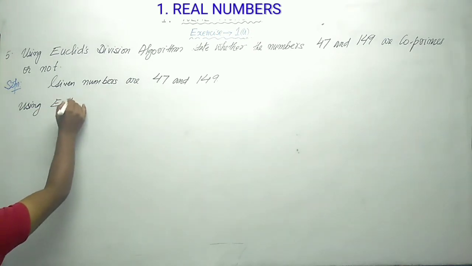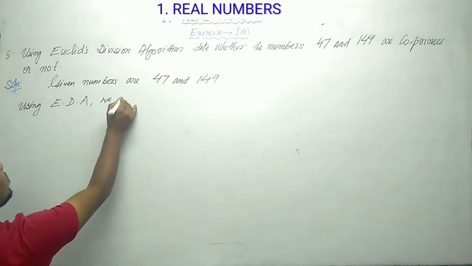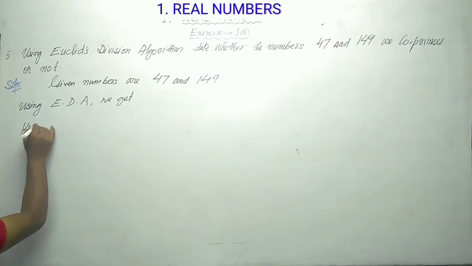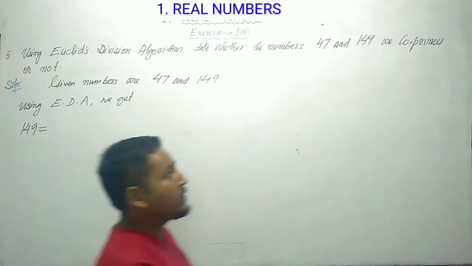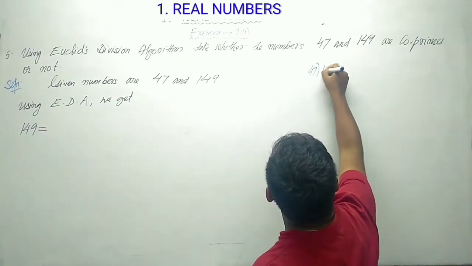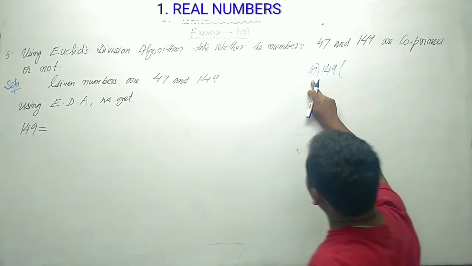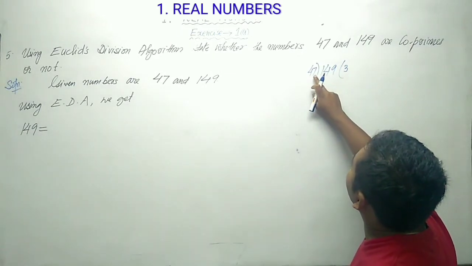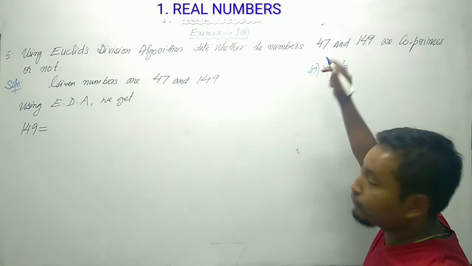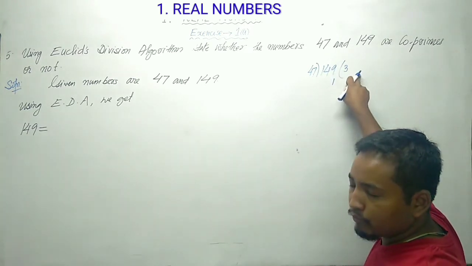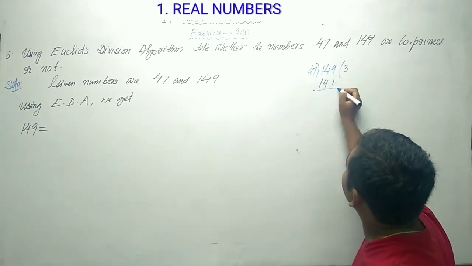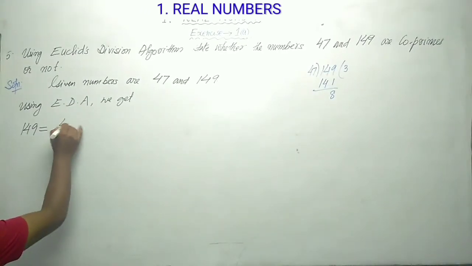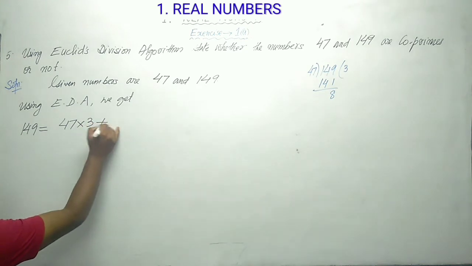Using Euclid's division algorithm, as per the rule, which is bigger? 149. Divide 149 by 47. 47 3s: 7 3s are 21, carry 2. 4 3s are 12 plus 2, 14. You have 8. So you can write down 47 into 3 plus 8.